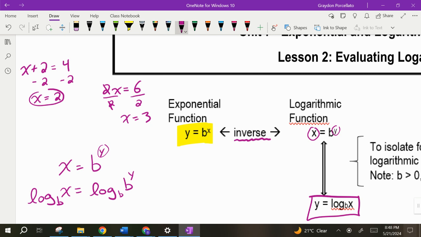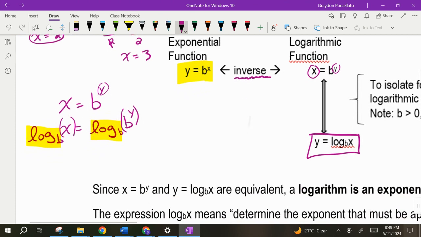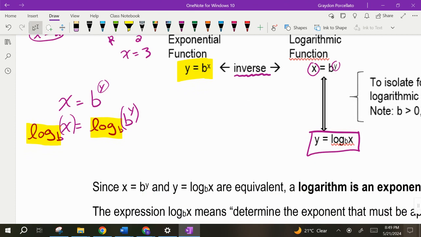Okay? So notice that I took the log base b of both sides. Now this part here stays the same, as does the x. Now what we'll learn later in this unit is that when you take the log, it allows you to drop your exponent.